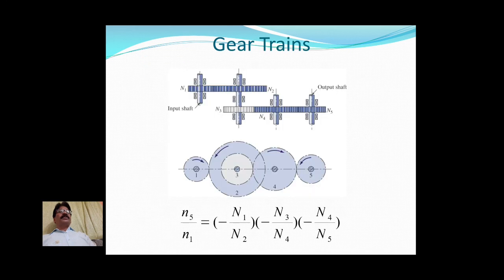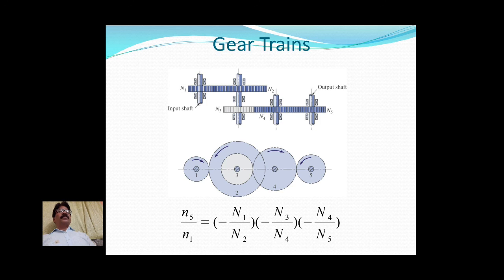In the previous PPTs, I have told you that n number of gears can be connected or meshed together. So it has its own ratio. When n number of gears are meshed or engaged together, it is called a gear train.